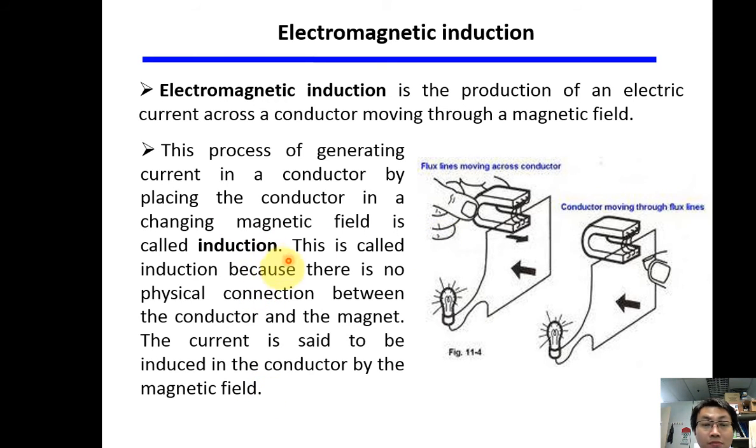So in induction, there's no physical connection between the conductor and the magnet. When the line is going up and in, cutting through the fluxes generated by the magnet, there will be electric current passing through. There's no physical connection between the wire and the magnet. So that's why we call it induction.